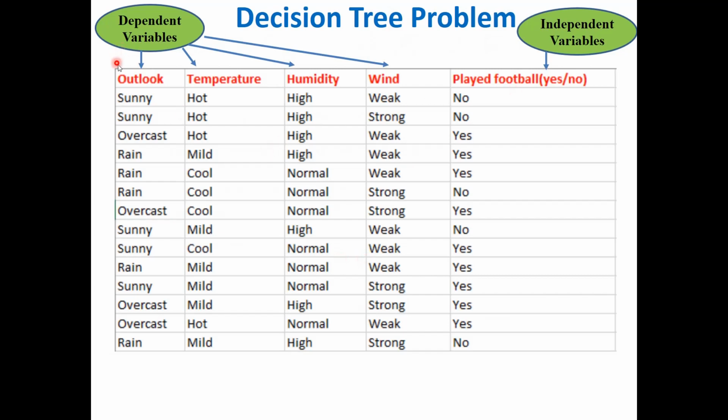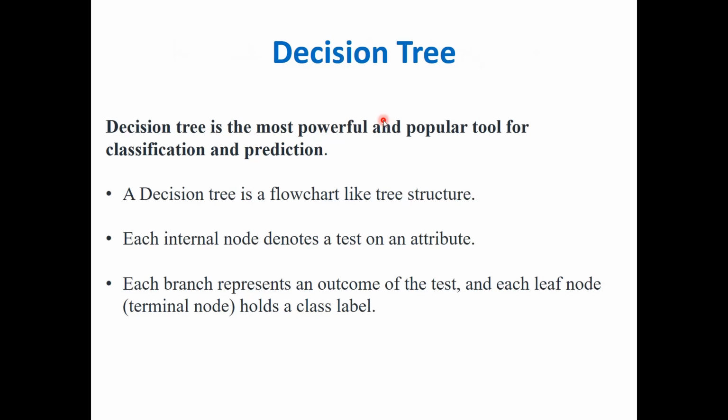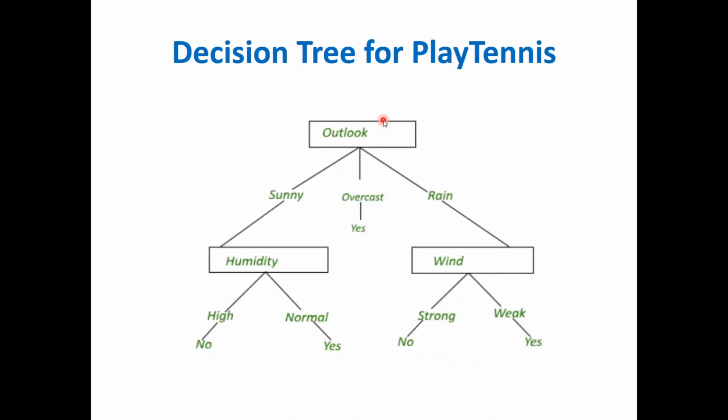So these are the dependent variable attributes, and every attribute has some values associated with it. To classify a particular input sample into an output, we can use the decision tree. This will be the decision tree for the play tennis data set.